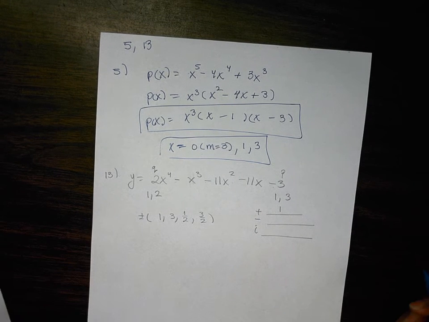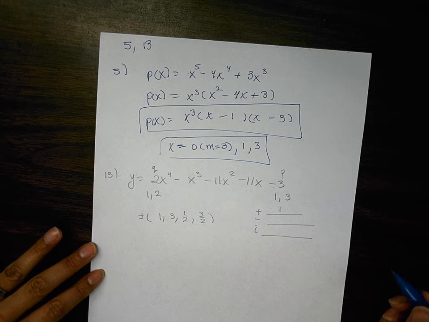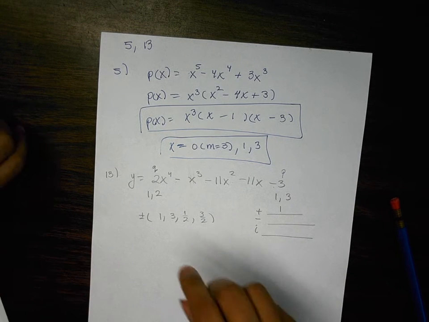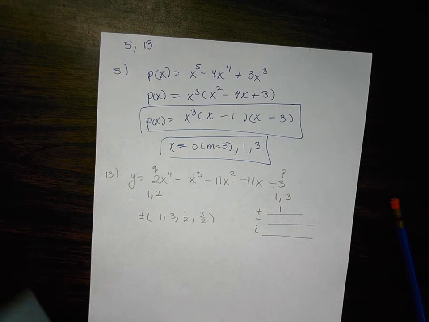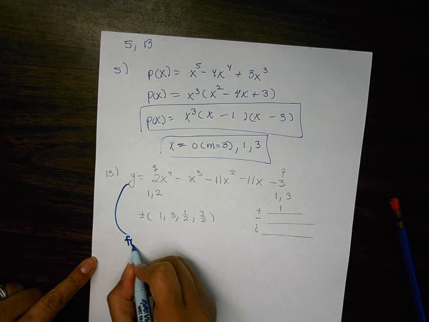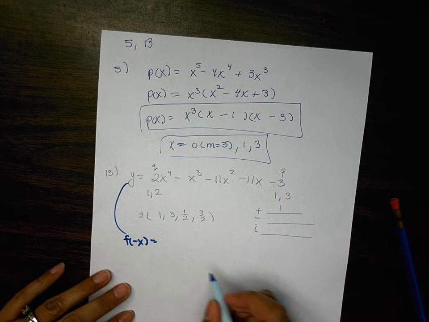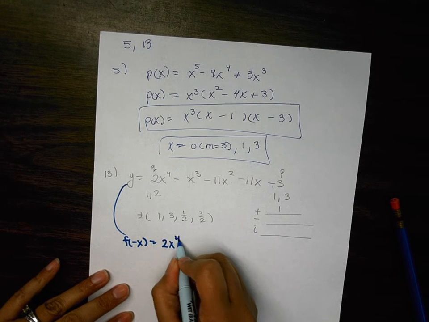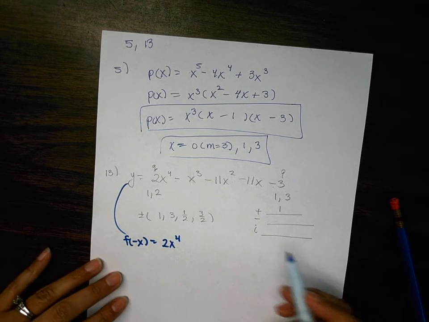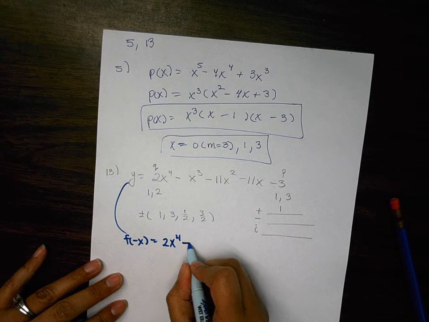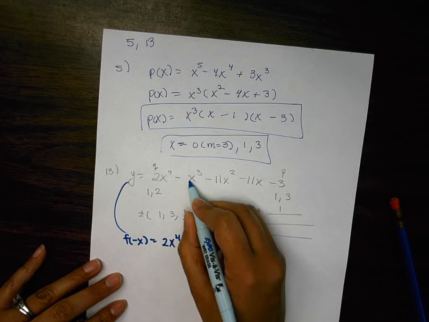Okay, how many sign changes do I have here? 1. And 1 minus 2 is negative, so I'm not going to worry about it. And then you do the negative. I'm going to call it f of negative x. 2x to the fourth, positive or negative? 2x to the fourth minus negative x cubed becomes what?